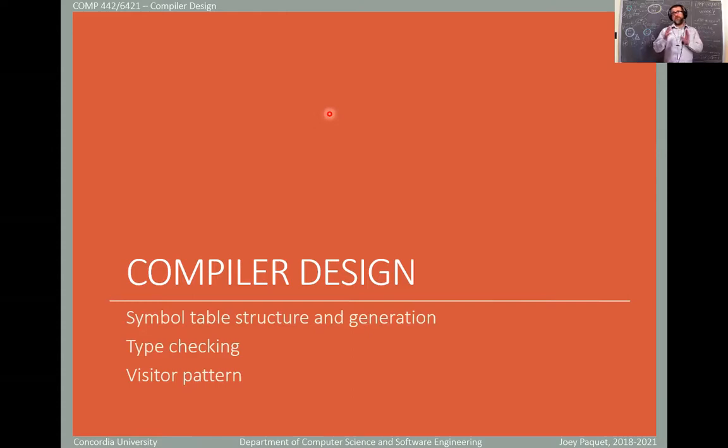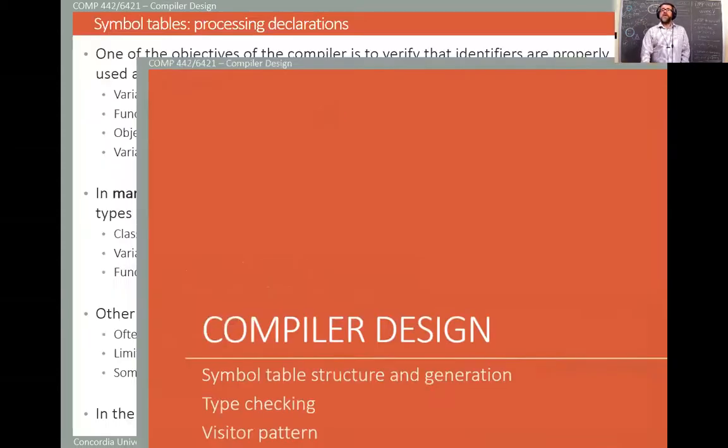Essentially, what we're starting to do here is build a backend to the compiler that takes the AST and traverses it potentially many different times to do the further processing, as we saw in the first video in this course.